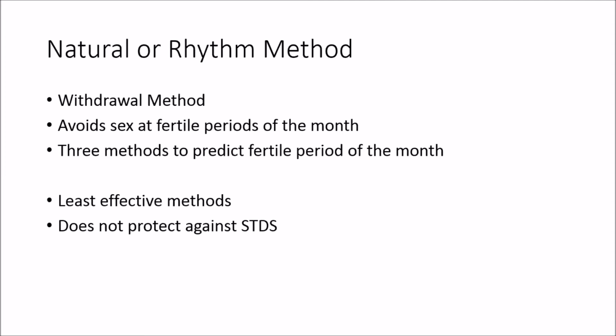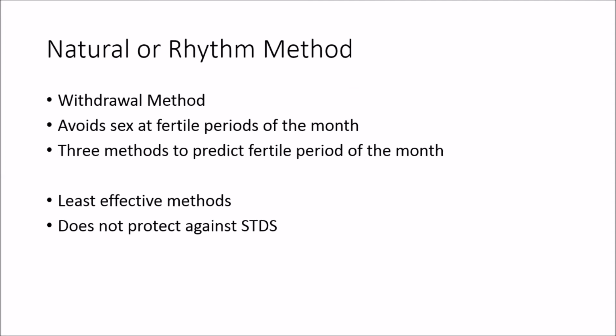That's step one. Secondly, you're going to avoid periods of the month where a female would be most fertile. We all know the most fertile part of the month is ovulation. So you have to combine these two techniques in order for this method to work.